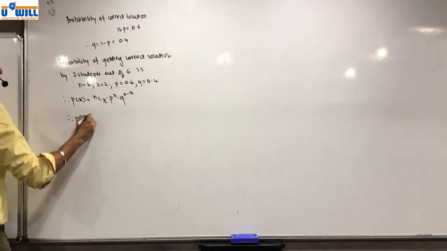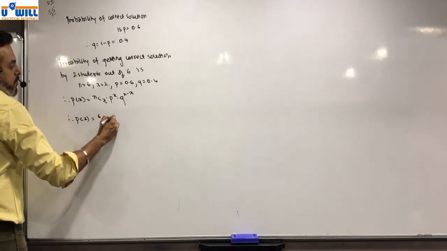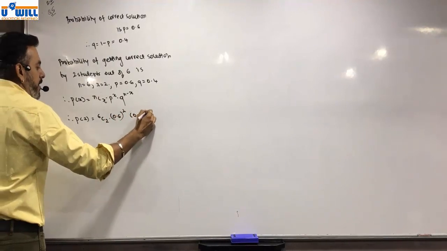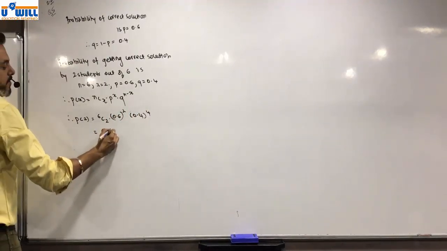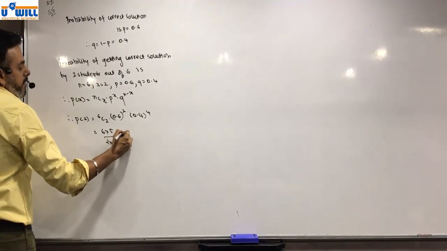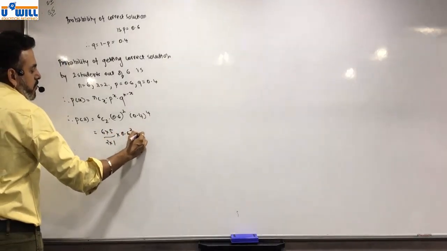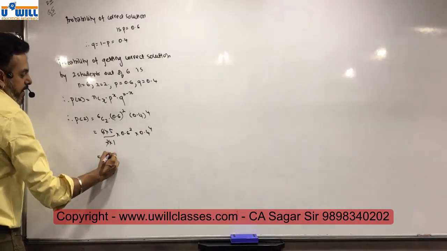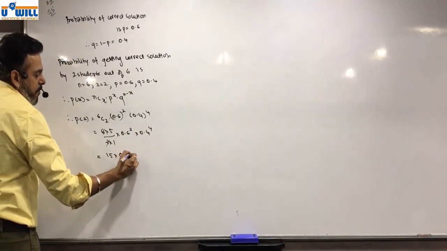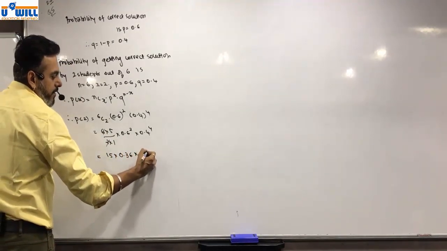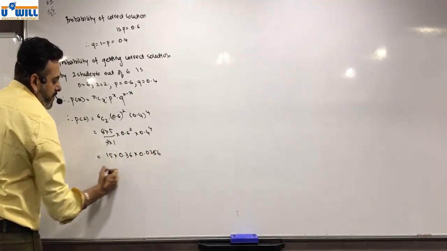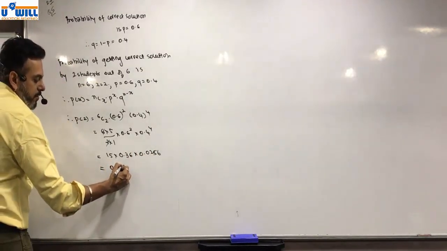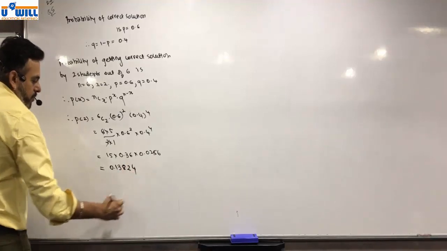Therefore, probability of 2 is 6C2 into 0.6 raised to 2, 0.4 raised to 4, which is equal to 6 into 5 upon 2 into 1, into 0.6 raised to 2 into 0.4 raised to 4, which is equal to 15 into 0.36 into 0.0256, which is equal to 13824.